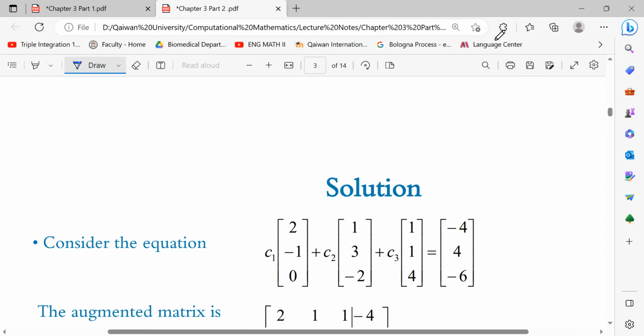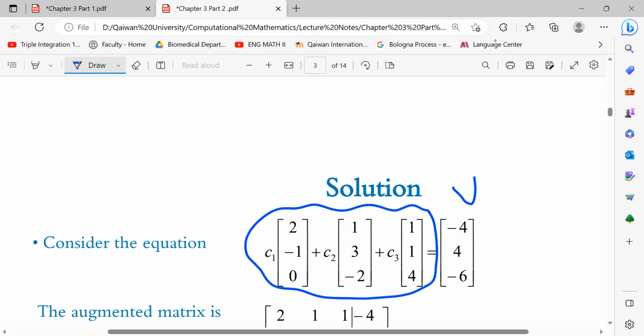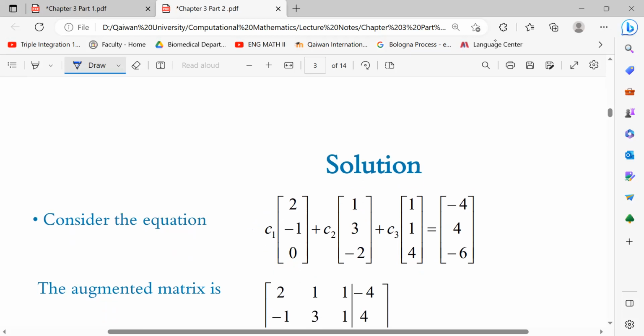What we do is we just try to show if V could be written as the linear combination of vectors in S or not. If we could, it means it's in span S. If not, we say so. Okay, look, C1 V1 plus C2 V2 plus C3 V3 is equal to V.